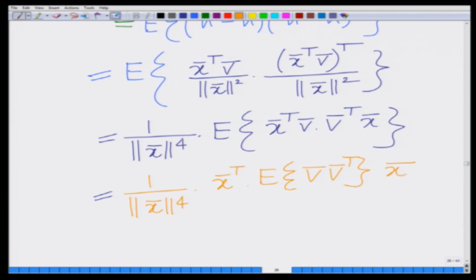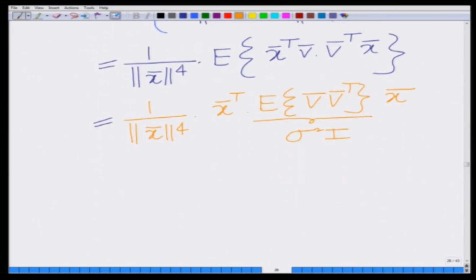And now, this is interesting because this expected value of V bar V bar transpose is your sigma square I, which we have already shown is the noise covariance. Therefore, this is 1 over norm x bar power 4, x bar transpose sigma square times identity, x bar.